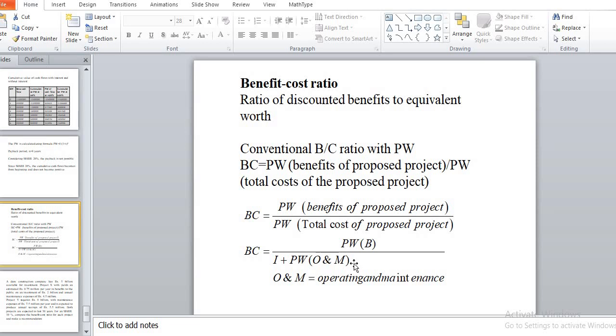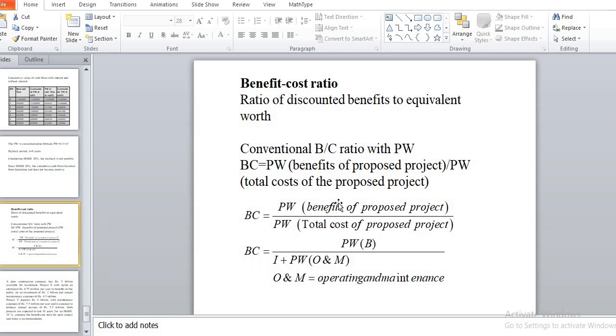So in the denominator we have I plus P, the present worth of operating and maintenance cost, minus the present worth of the salvage value, using the present worth factor. With this formula we can find the benefit to cost ratio.